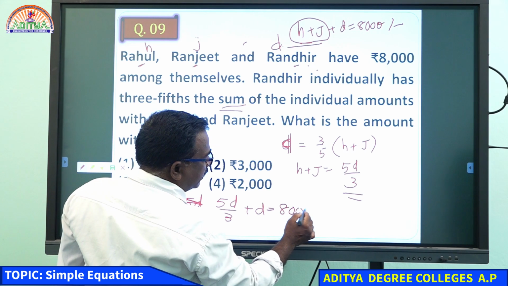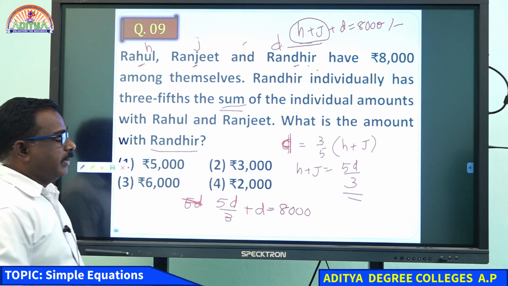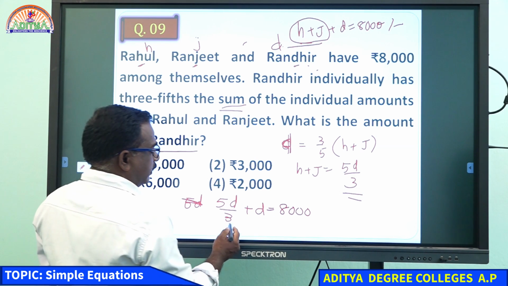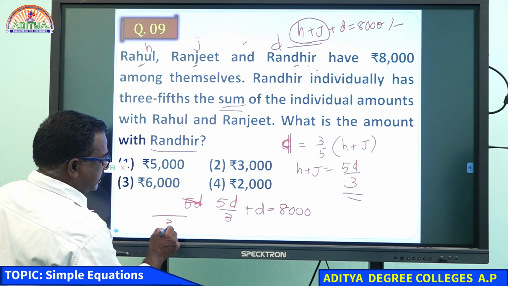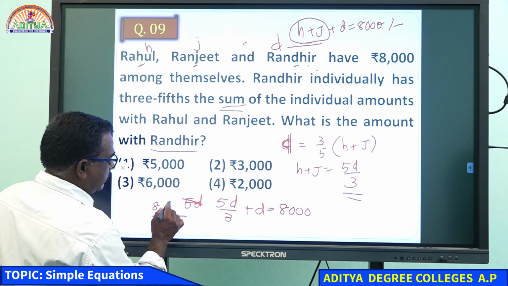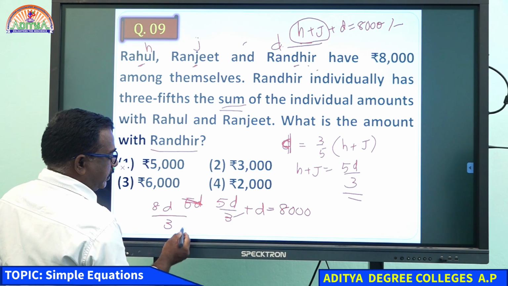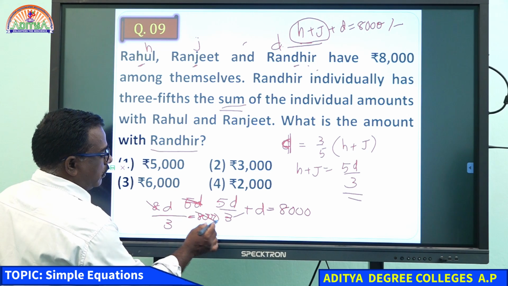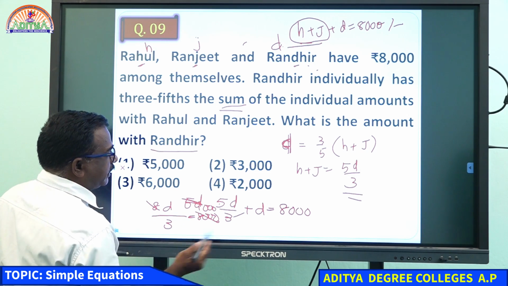By solving you will get the answer. The LCM is 3, so 5D plus 3D, 8D equal to 8,000 rupees. So D goes one thousand times: D equal to 3,000 rupees.